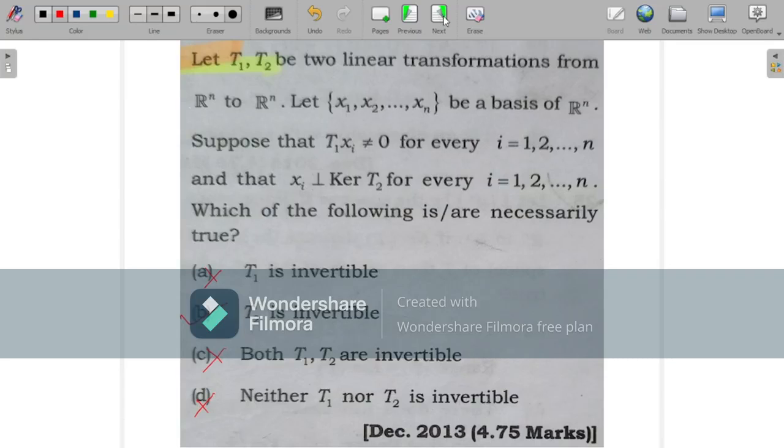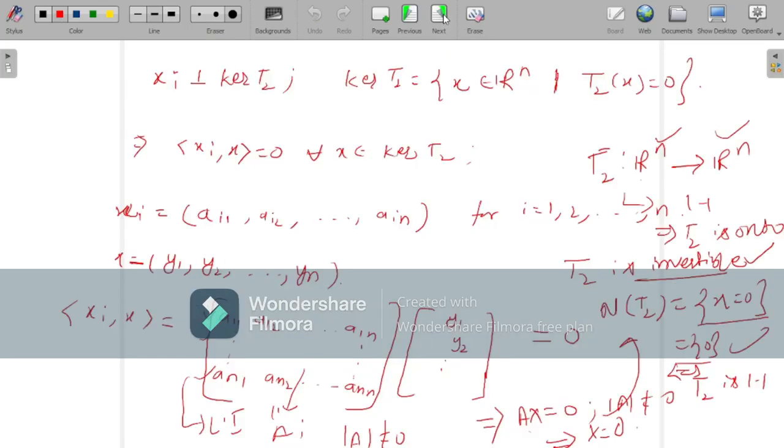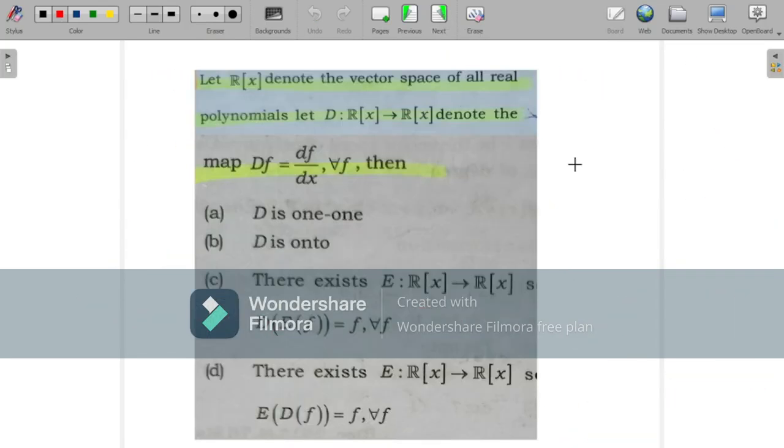Now let's move to the next problem. The next problem is, let R of x denote the vector space of all real polynomials. Let D from R of x to R of x denote the map Df equal to df by dx, that is a differential map.